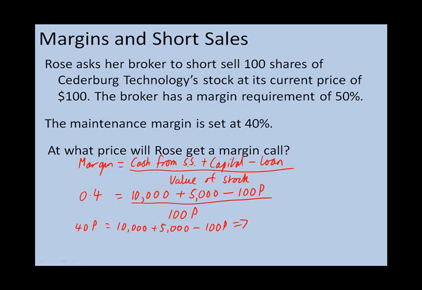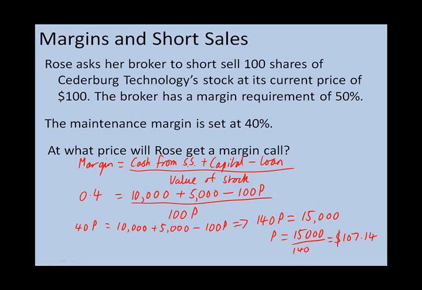So if we add 100P to both sides, we get 140P equals $15,000. So P must be equal to 15,000 divided by 140, which equals $107.14.